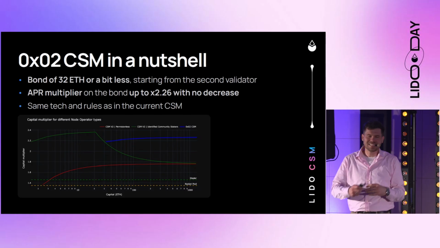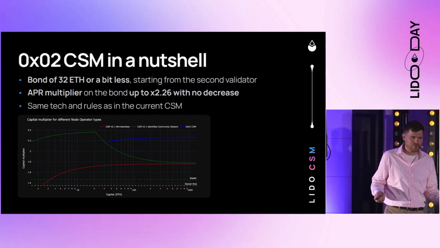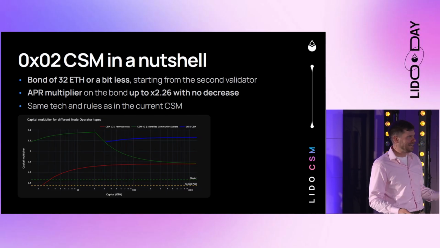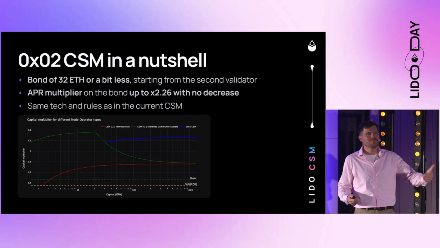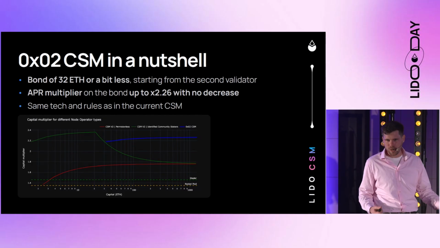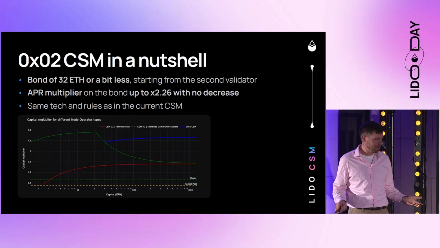So it doesn't matter how many ETH you have. And if, for example, you're a professional operator willing to do a bit of a side hustle in CSM, well, why not? The multiplier of 2.26 is available to you with no limits, no questions asked. And the other rules are the same as in CSM.